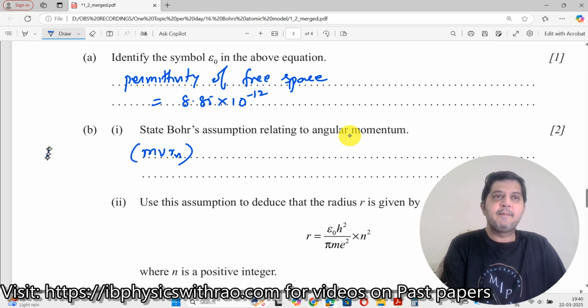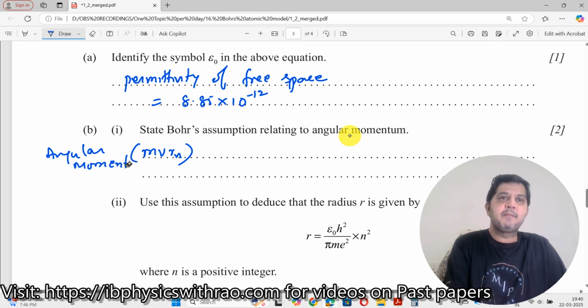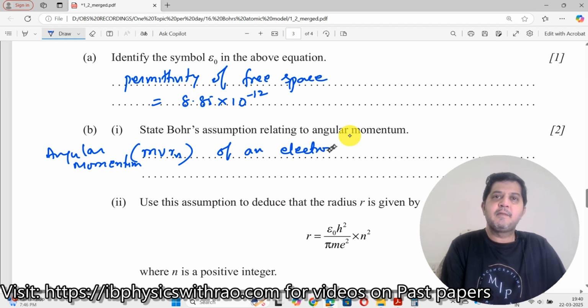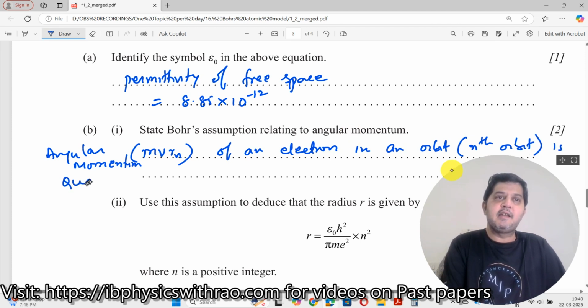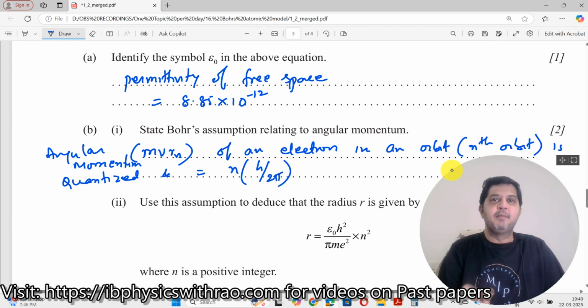The angular momentum of an electron in the nth orbit is quantized and is equal to n times h by 2 pi. This is known as Bohr's assumption relating to angular momentum.